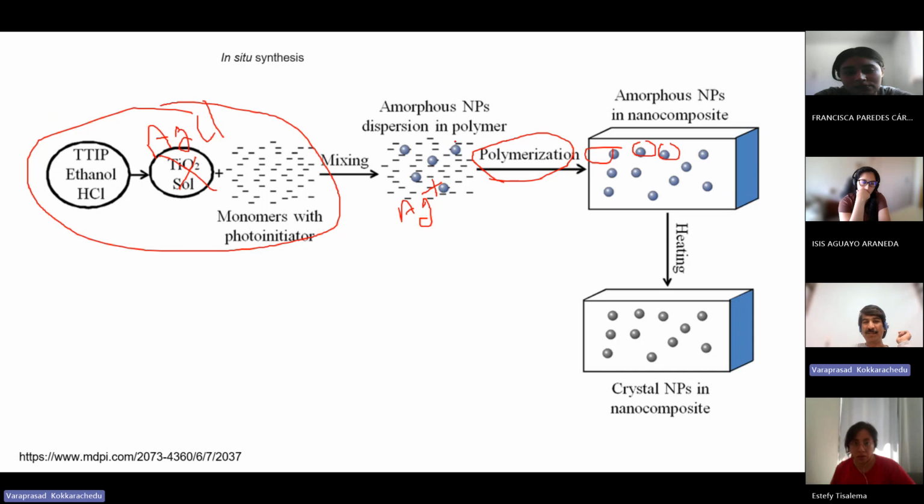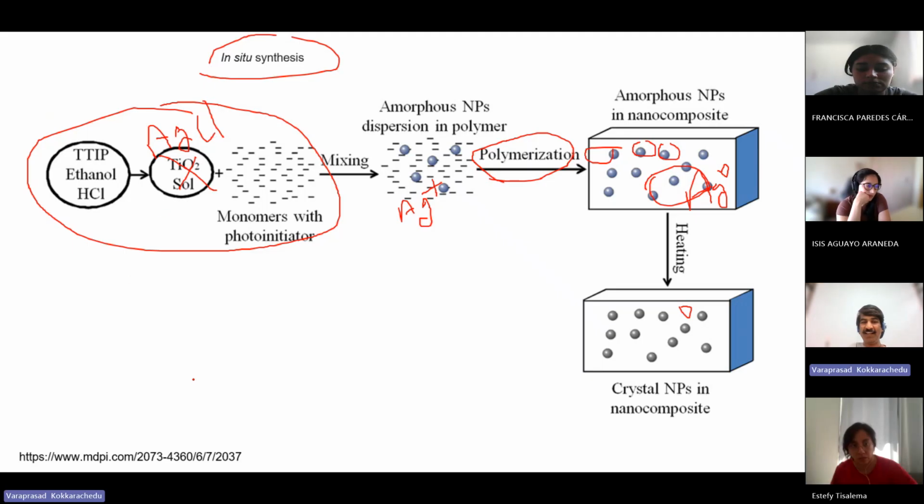When you add the polymerization process, what will happen? This is formed like Ag0. When you heat, maybe this particle forms very big here, maybe very small here. Okay, what is happening here? The nanoparticle forms inside the polymer matrix, like any kind of matrix. So that's why we call it in-situ synthesis process.